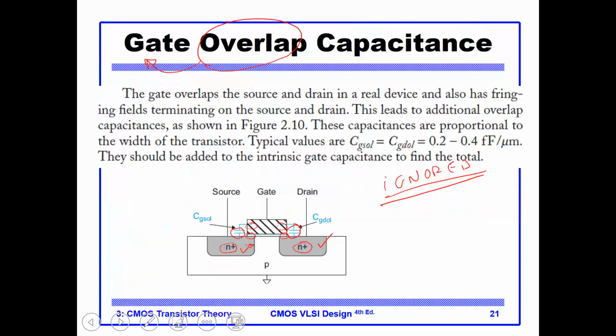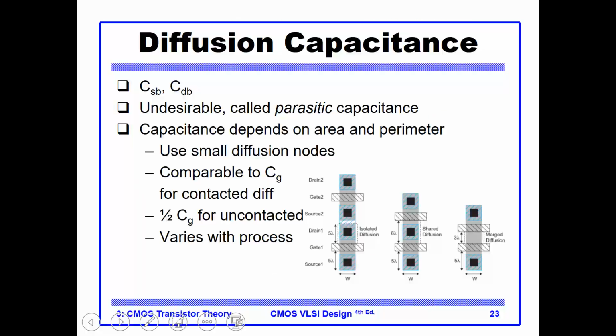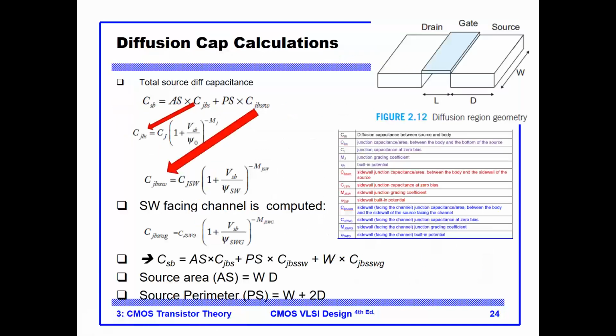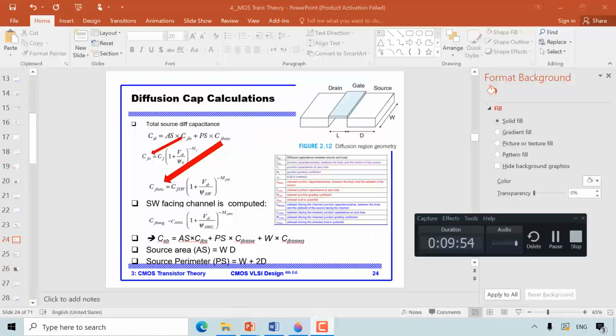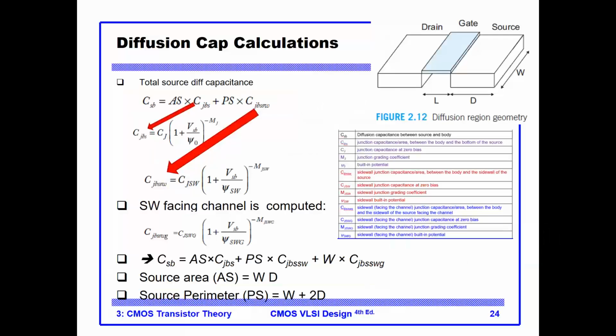Now after that we will go to the definition of diffusion capacitance. So what is the diffusion capacitance? It happens both at the source and at the drain, and we will focus on the source here.